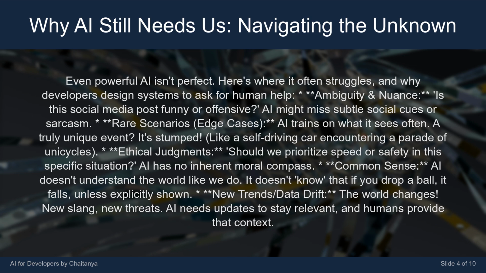AI has no inherent moral compass. Common sense. AI doesn't understand the world like we do. It doesn't know that if you drop a ball, it falls, unless explicitly shown. New trends, data drift. The world changes. New slang, new threats. AI needs updates to stay relevant, and humans provide that context.